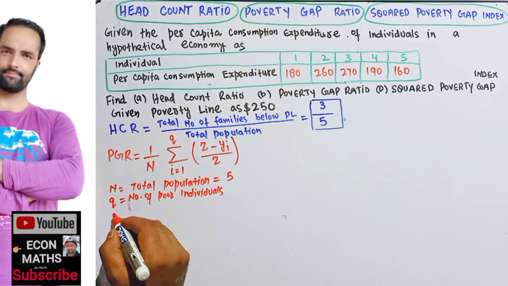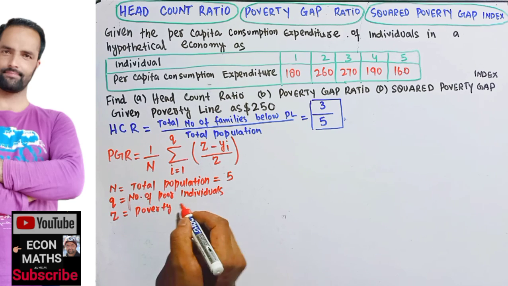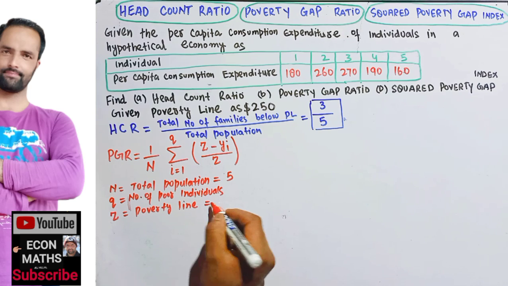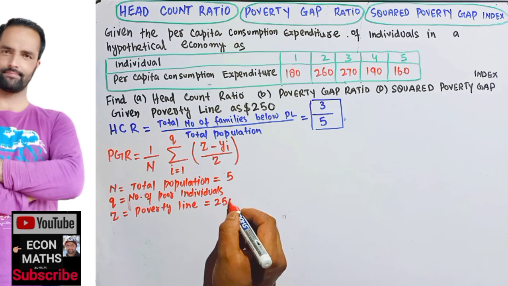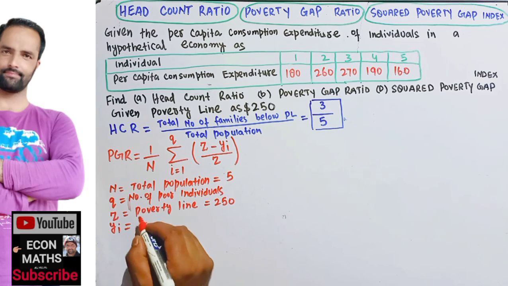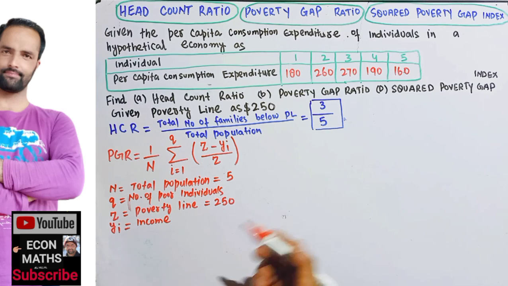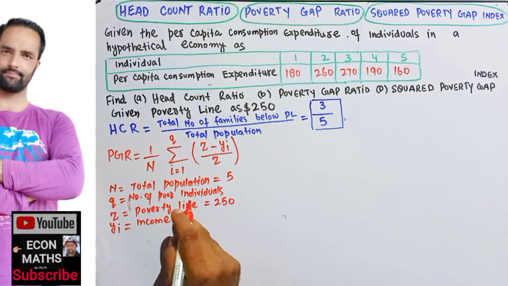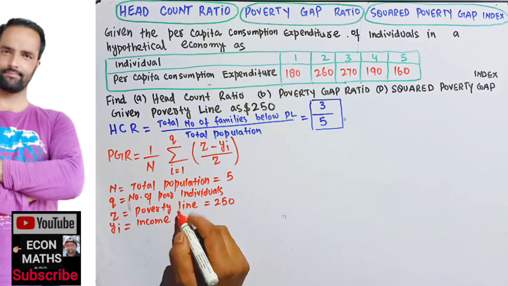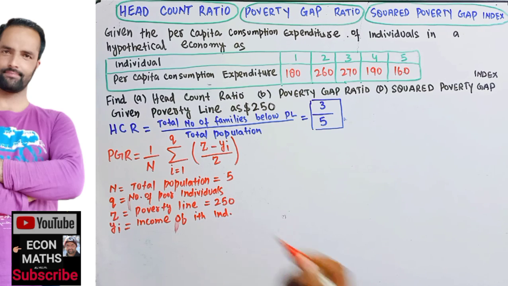Then we have z. z denotes the poverty line, which is equal to 250. And yi denotes the income of the ith individual, or expenditure per capita. I don't have the space here. Okay, so using this we can calculate the poverty gap ratio.